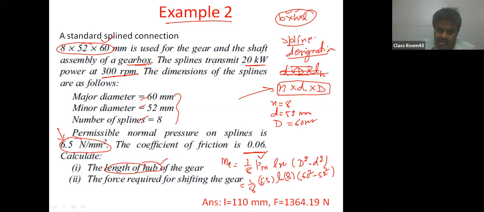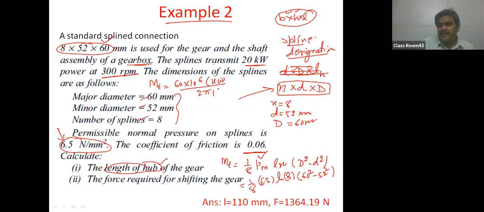On left side torque. So torque can be found by power and RPM. So torque is 60 into 10 to the power 6 into power in kilowatt divided by 2 pi N. I am using capital N because a small n has been used for the number of splines.